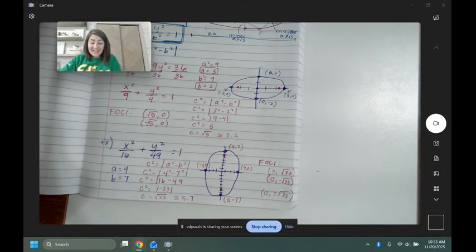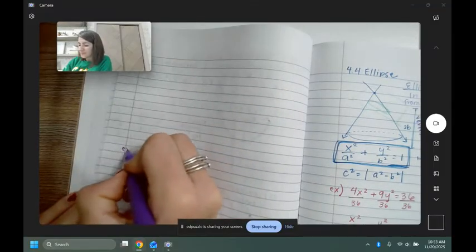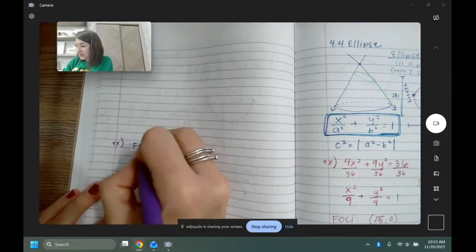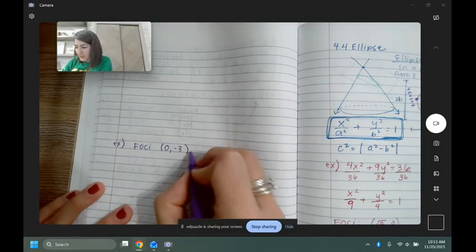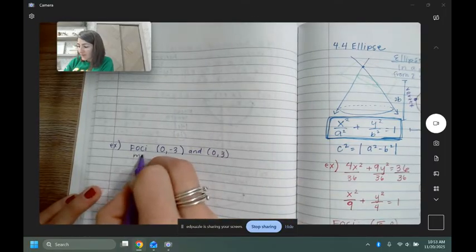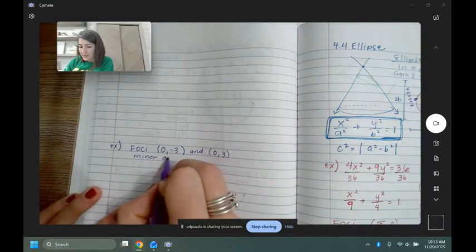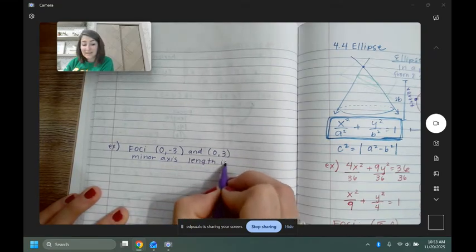All right, last example. What if I give you some clues about this? I'll say the two foci are at the points 0, -3 and 0, 3. And the minor axis length is 4.